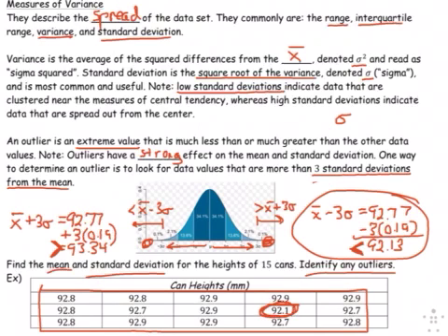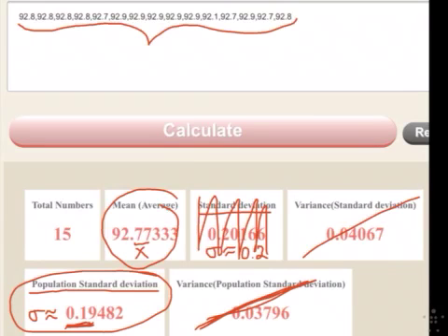What you should also do in practice when you identify an outlier is to run your data again, but then take out the outlier. And when doing so and recalculating, you'll find that your X bar will now become about 92.82 millimeters for the can height, and you'll find that your population standard deviation will be about 0.08 millimeters.